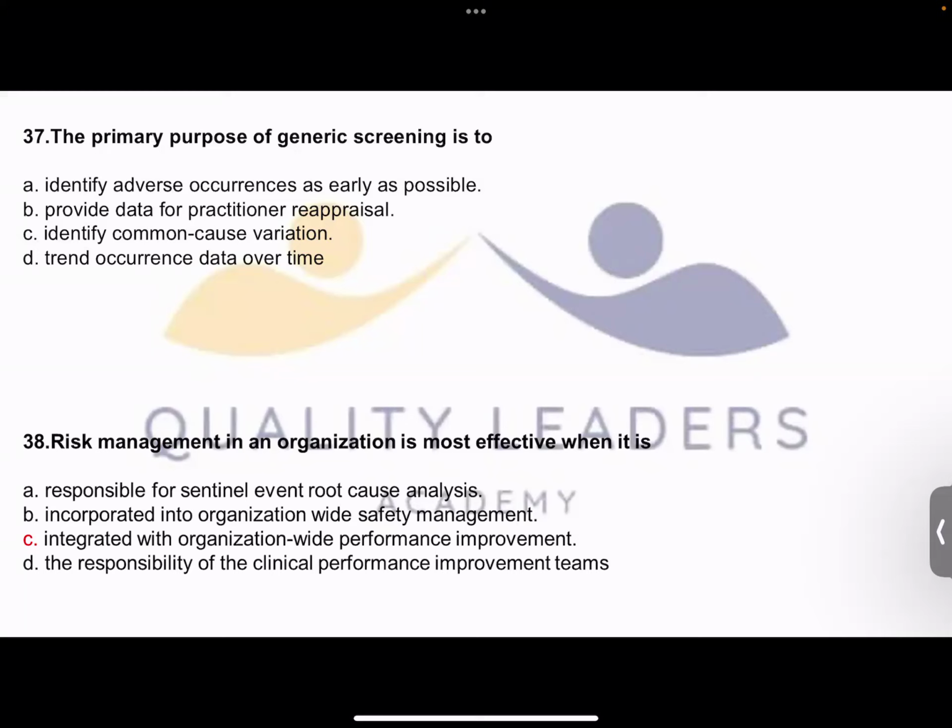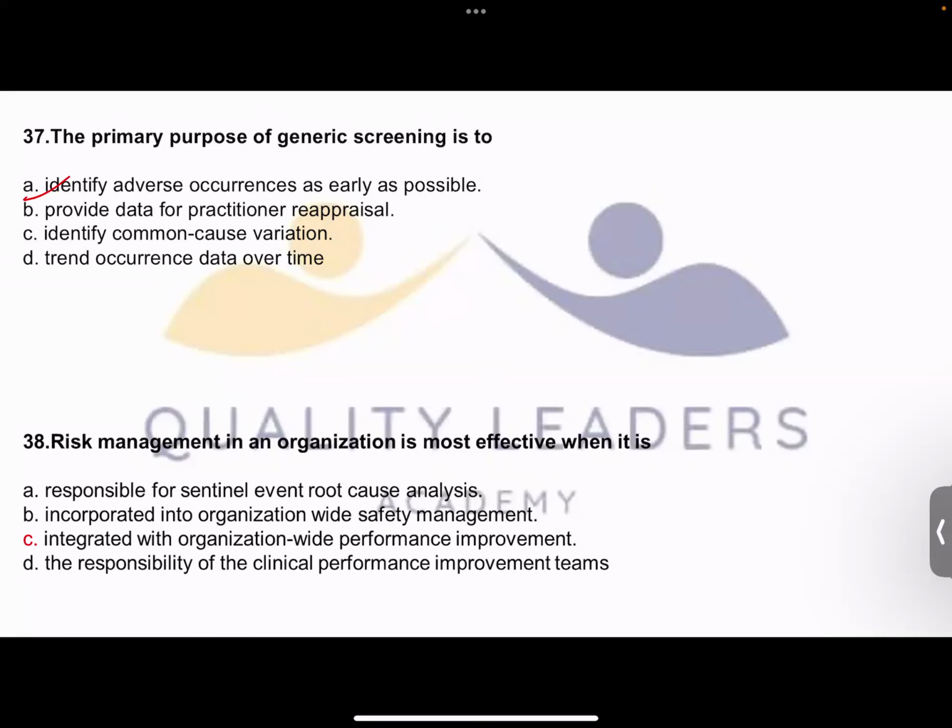Why not letter D? While trending data is a valuable outcome, it is not the primary purpose of generic screening. The focus is on early detection. Okay, so number 37 is letter A, identify occurrence as early as possible.